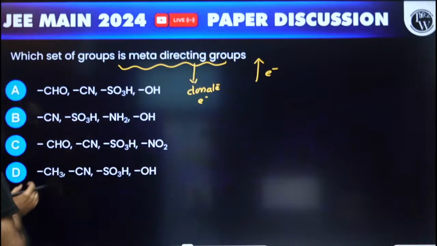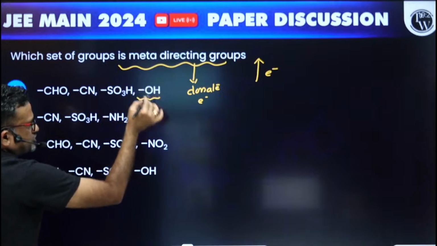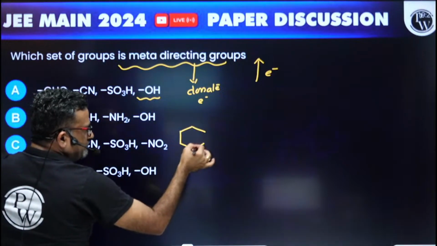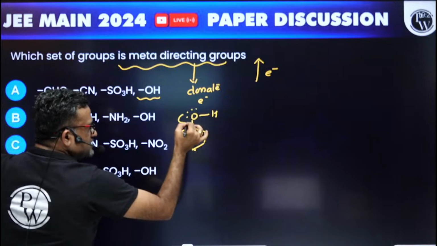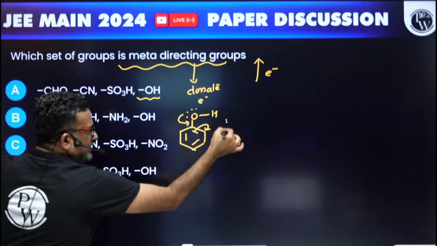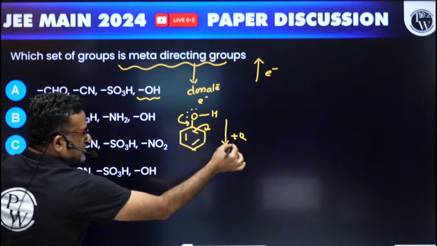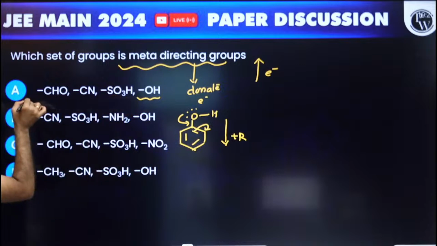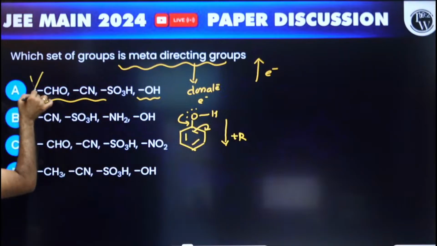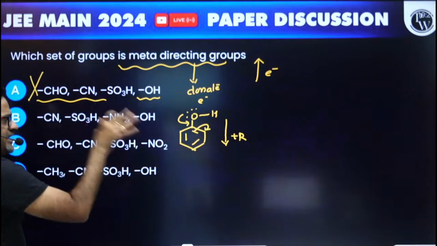So we have to see in which case it is pulling electrons. In the first one there is OH, and I have shown you the lone pair of electrons moving towards benzene, showing the plus R effect. So definitely it is not meta-directing, so there is no point in checking all of them. All 4 should be meta-directing.